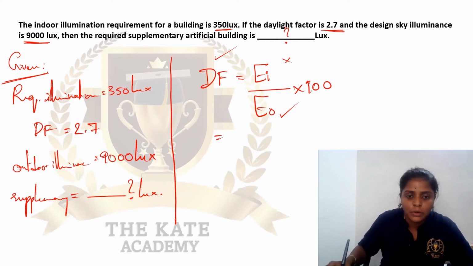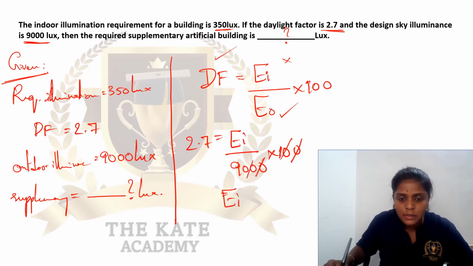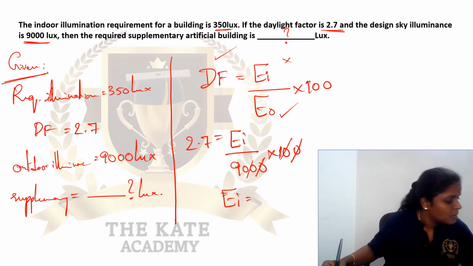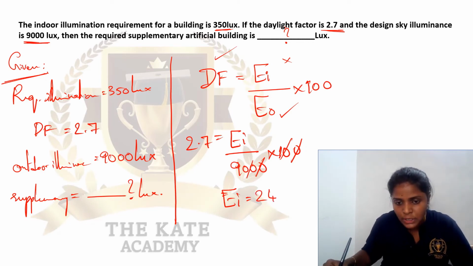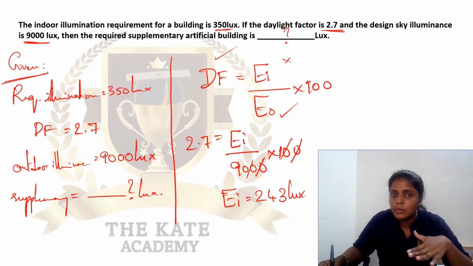Okay, so we are going to substitute them. 2.7. Okay, so the answer is 243 lux. So the illumination already available indoor is 243 only.